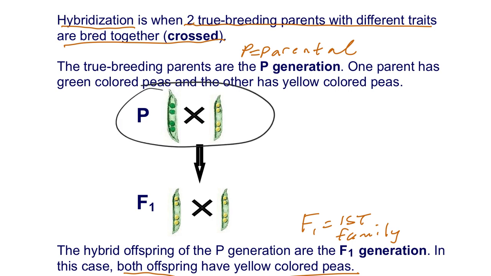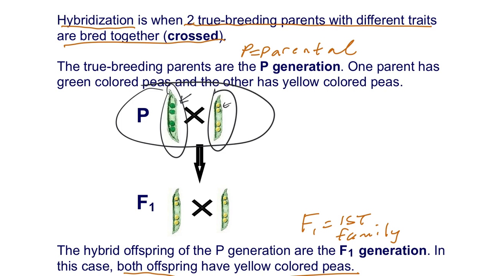So this is the parental generation, his original experiment. In this case, he's crossbreeding. He's crossing a green pea plant with a yellow pea plant. He's taking the pollen from the yellow seed plant and brushing it on the pistils of the green seed plant flowers, or vice versa.